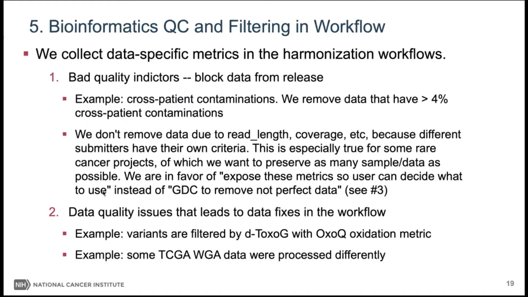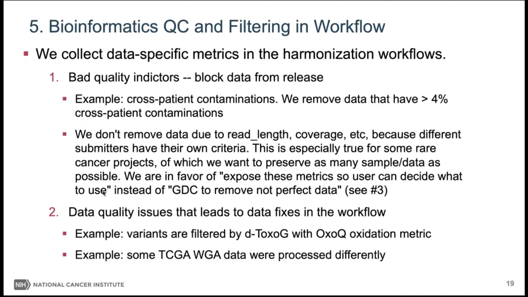Different submitters, different users have their own criteria, and for some rare cancer projects, we want to preserve as many samples as possible. What we like to do is expose these metrics, and users can decide what to use instead of having the GDC removing data that isn't perfect.